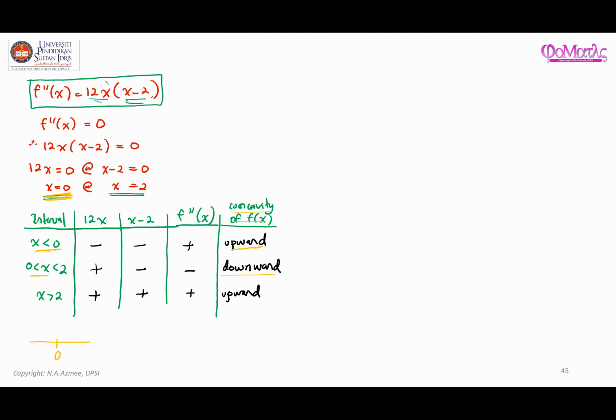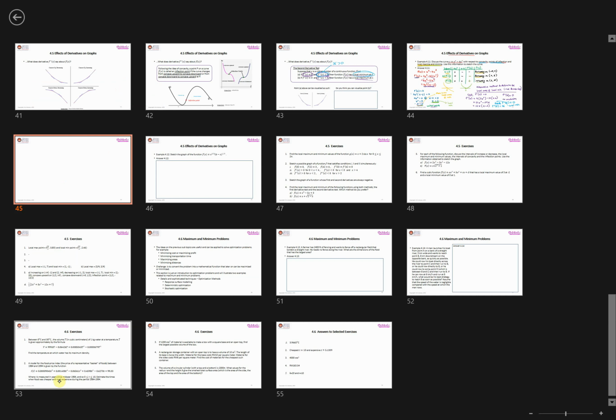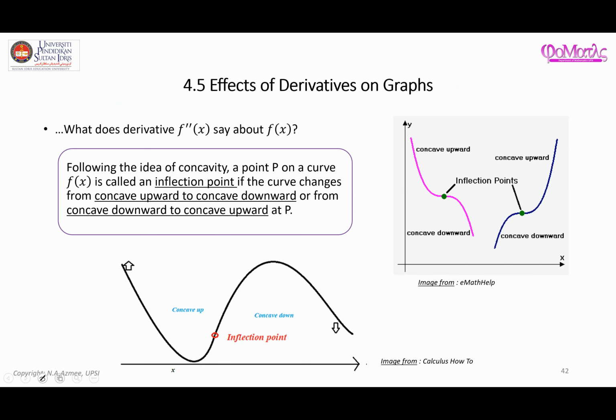For x less than 0, it is concave upward. For x greater than 0, it is concave downward. Therefore, since there is a change of concavity, point x equals 0 is the inflection point. This is according to what you have seen on this slide here. It is called an inflection point if the curve changes from either concave upward to downward or concave downward to concave upward.